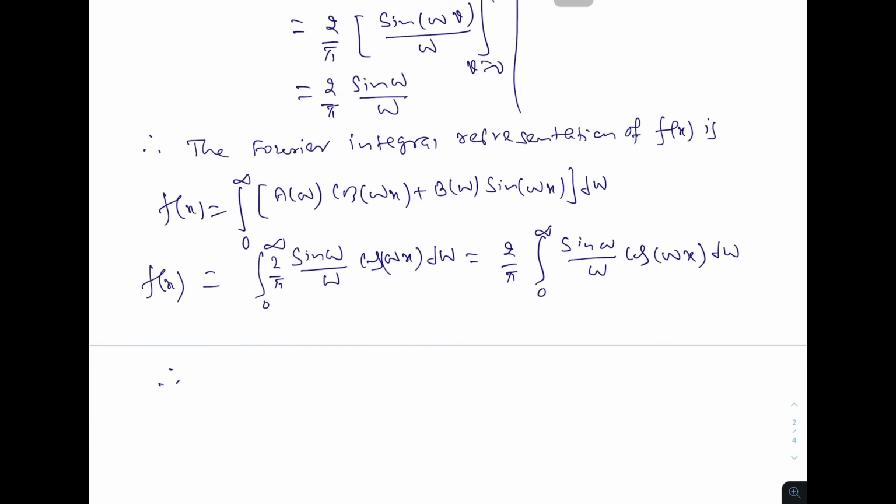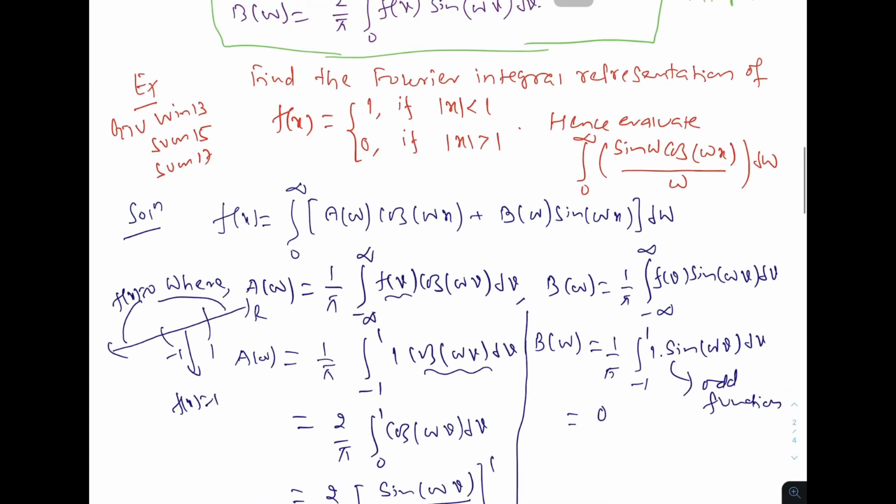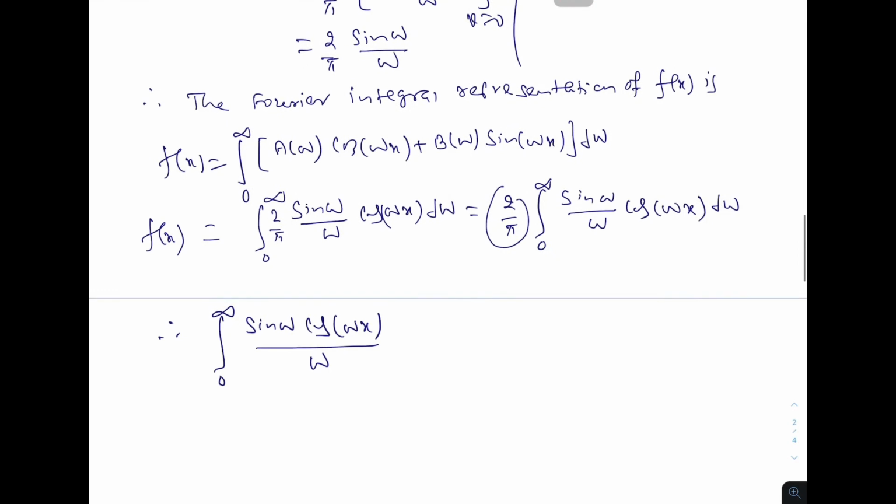So can I write like this? We take 2 by pi to the left hand side. So that is equal to integration 0 to infinity of sin omega cosine omega x over omega d omega, which is equal to pi by 2 into f(x).